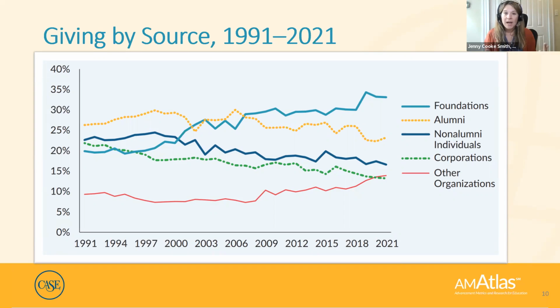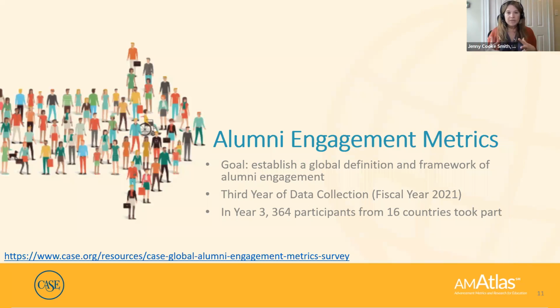And when we talk about the giving portion of the alumni engagement metrics, that's actually why, when we look at who is giving, so the donor count, we do include both hard and soft credit totals. So that was just a quick foray into what was happening in the world of philanthropy in 2021. We're going to shift and focus now on the alumni engagement metrics.